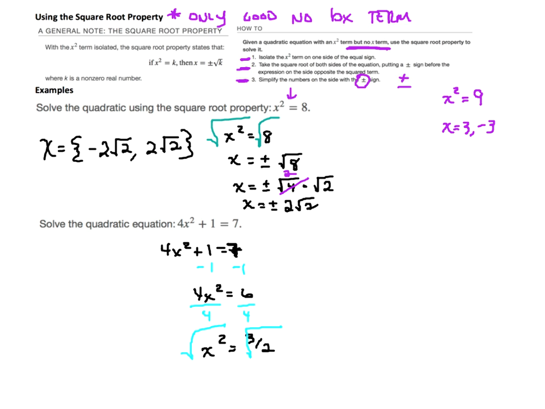Now that I'm isolated with my x squared, I can now take the square root of both sides. Square root of x squared is just x, and I have to take into consideration this could have been the positive or the negative square root of 3/2.